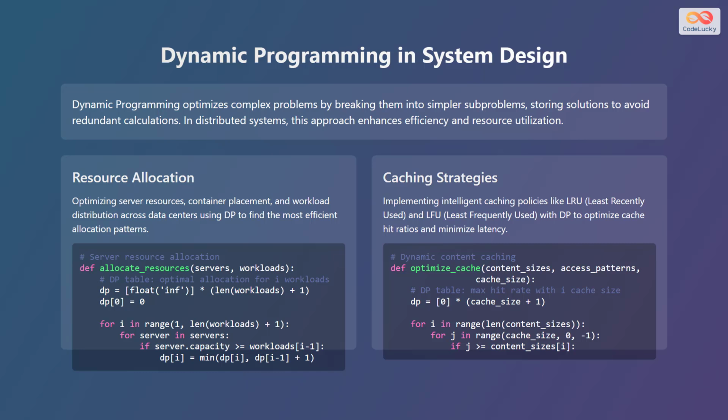DP is also useful in caching strategies. This helps in implementing intelligent caching policies like LRU, least recently used, and LFU, least frequently used, with DP to optimize cache hit ratios and minimize latency. Here's the code of server resource allocation and dynamic content caching.